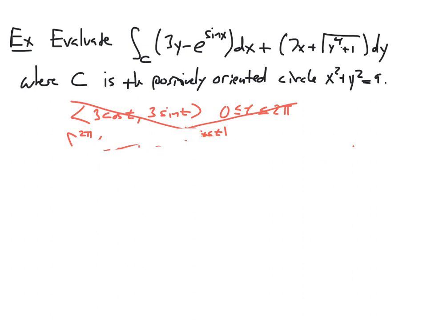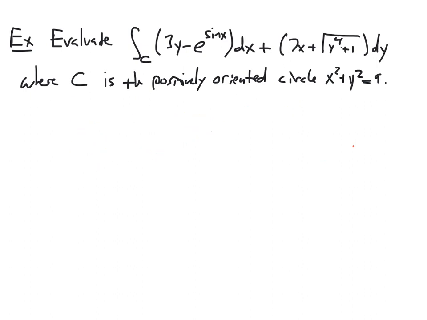So let's get rid of this nonsense and apply Green's theorem. We do have a simple closed positively oriented curve, so the partial derivatives of P and Q are continuous on the region inside the circle.